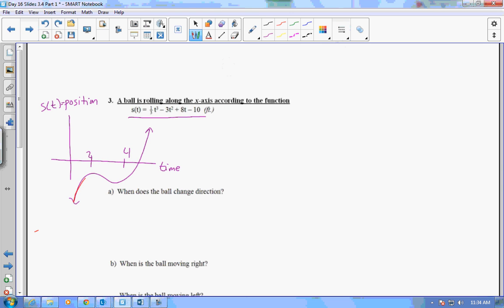When it's increasing, which direction is the ball going? Which direction is it moving if it's increasing? Remember, this is the position. Now, if we're going horizontally, what are our 2 options? Okay, you have forwards and backwards. Could we say left and right is forwards and backwards?